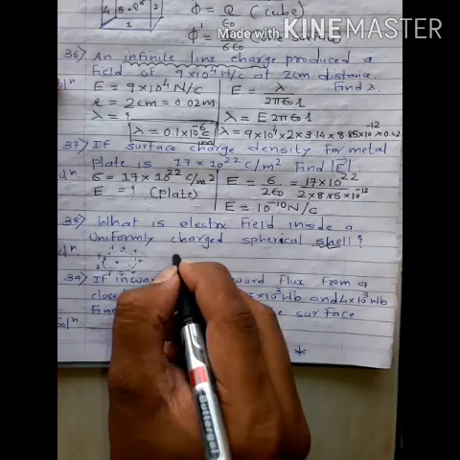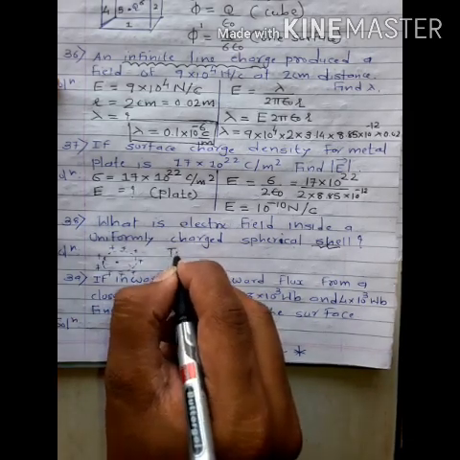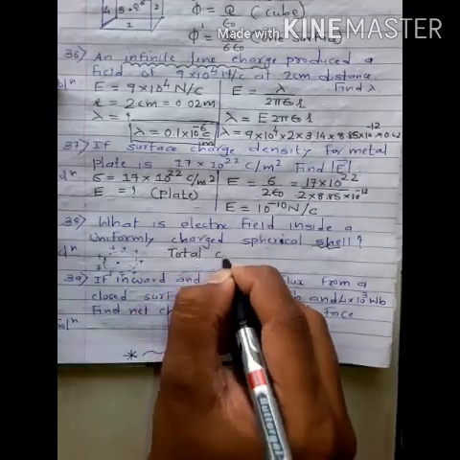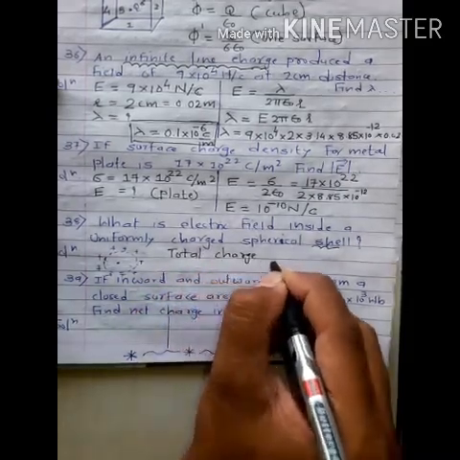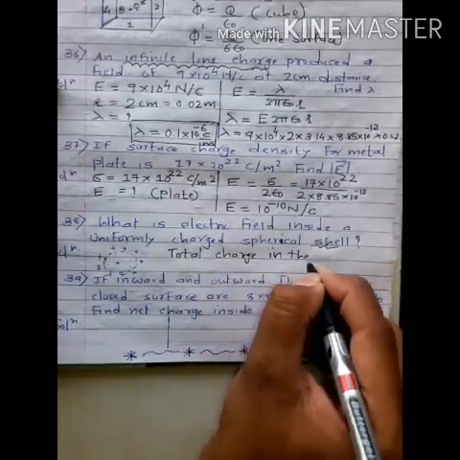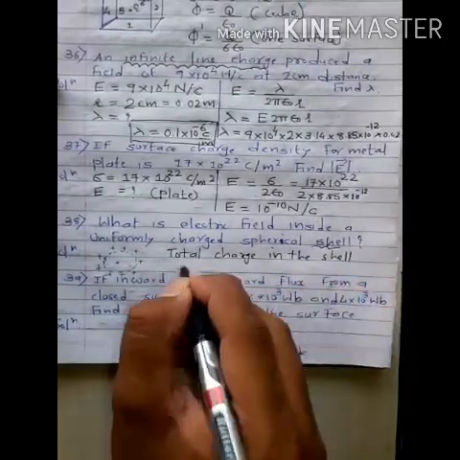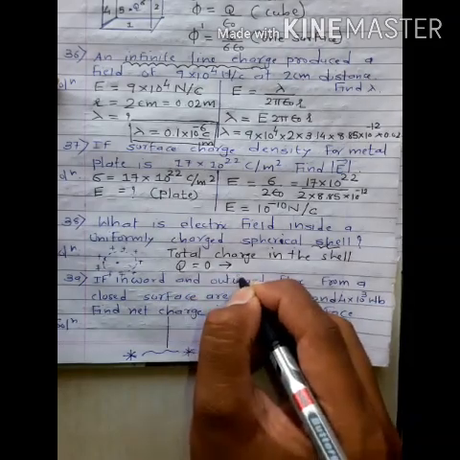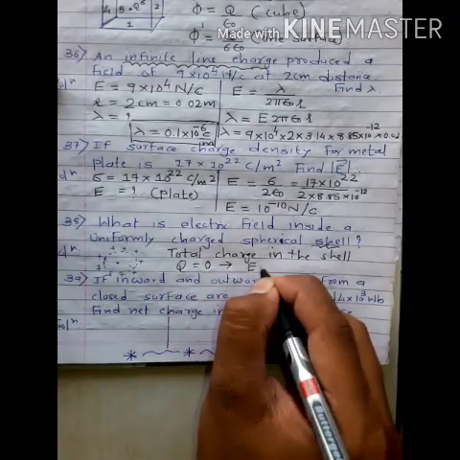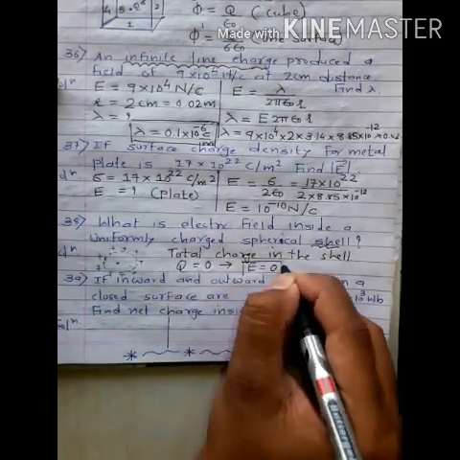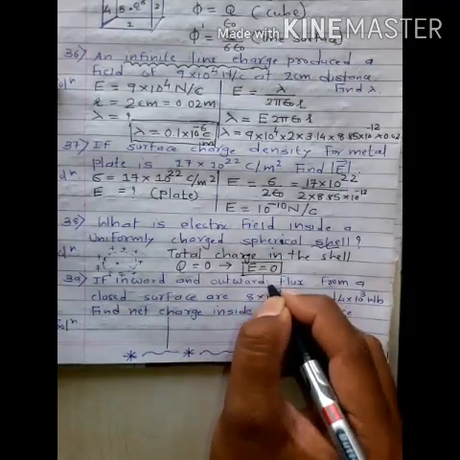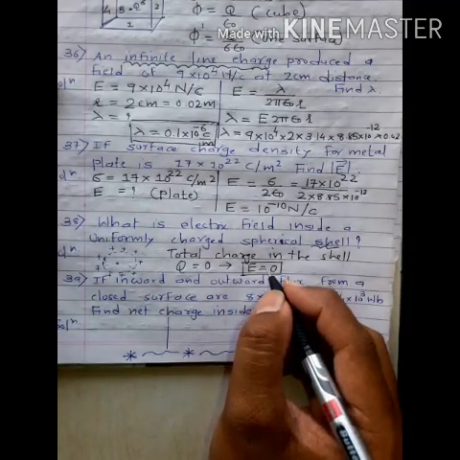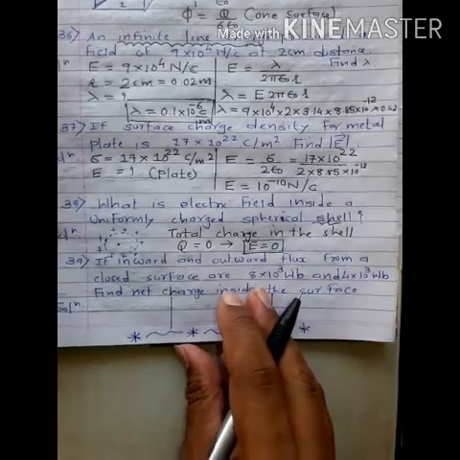So from this figure we can say that total electric charge inside the shell Q is equals to 0. If charge is equals to 0, clear, then we can say that electric field inside the spherical shell is also 0. This is our theoretical MCQ.